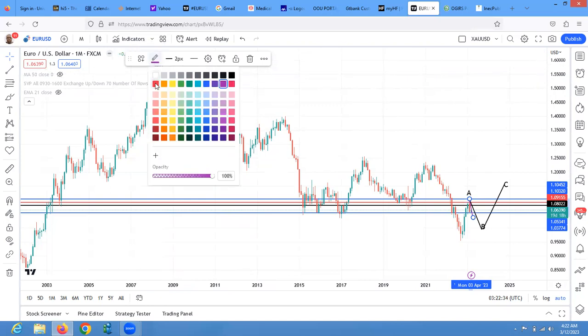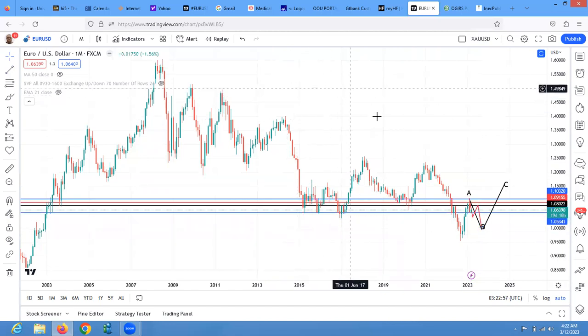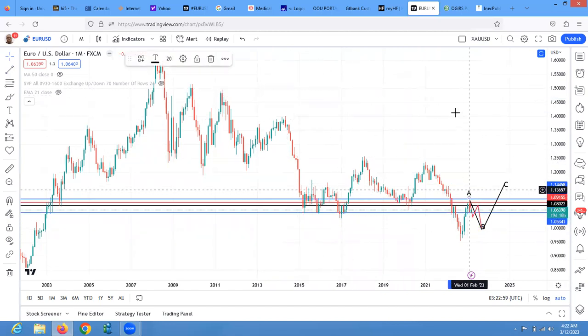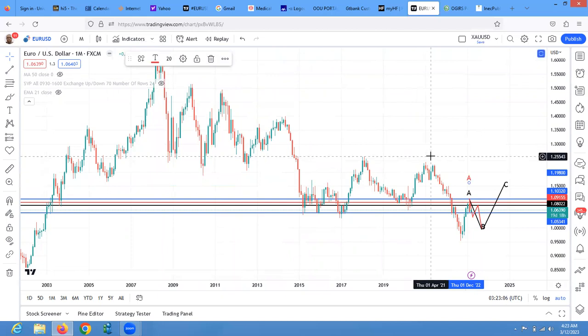Let me use a red for it to be distinct enough. So it's going to run A. It's going to run a B. And it's also going to run a C to finish that. So if you're going to now put that into it, we are saying that it's going to run like this. Here's an A.